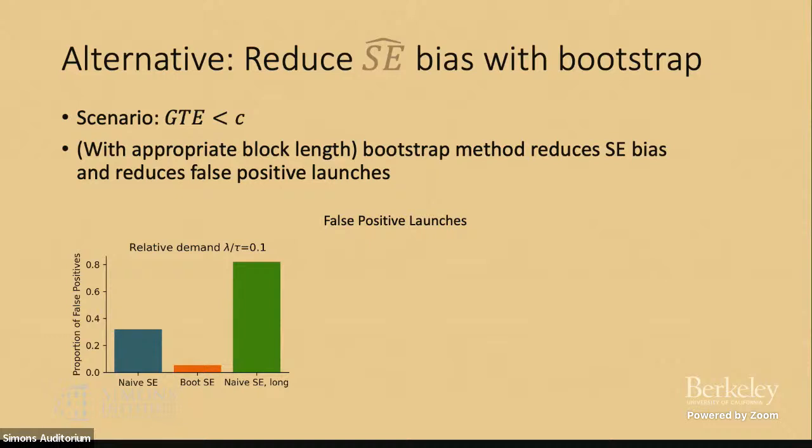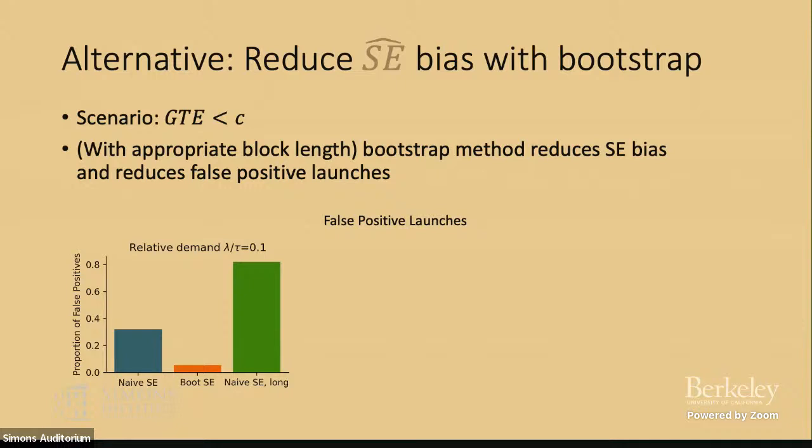In this plot, I'm showing on the y-axis the number of false positive launches. So the higher the bar, the worse decisions you're making. This blue bar here is what happens when you just use your naive standard error estimate. And then this red bar here shows what happens when you replace that standard error estimate with your bootstrap standard error.